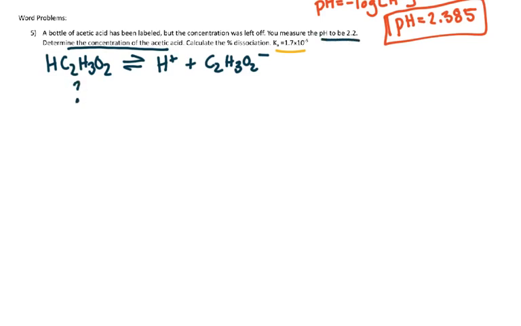And it says that my pH, so if you measure the pH, it's 2.2. Well, just as a reminder, pH equals the negative log of the hydronium ion concentration. So I need this hydronium ion concentration, which is going to come from here.